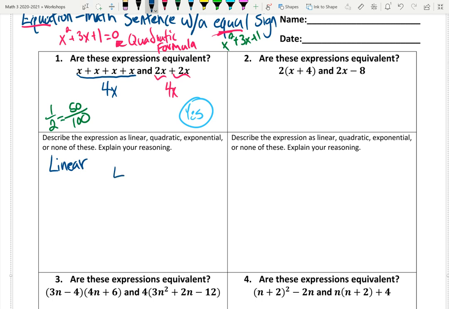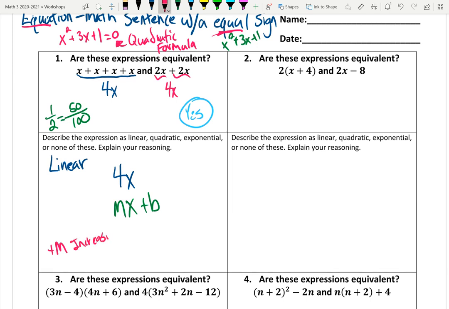The other part I want to highlight is I can also make these conclusions just looking at the linear representation. By comparing it to the typical form, mx plus b, I can conclude that if m is positive, it's going to be increasing. If it's a negative slope, it's going to be decreasing.